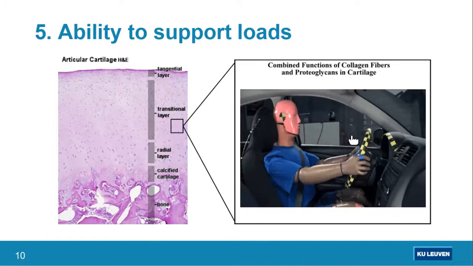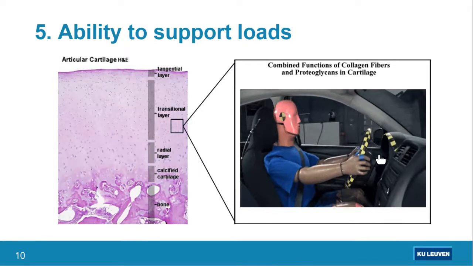This is supposed to be a gif that is not working, but you could see a car crash and the airbag coming out and absorbing the impact of the accident. In the same way, the airbag is going to absorb the impact forces.